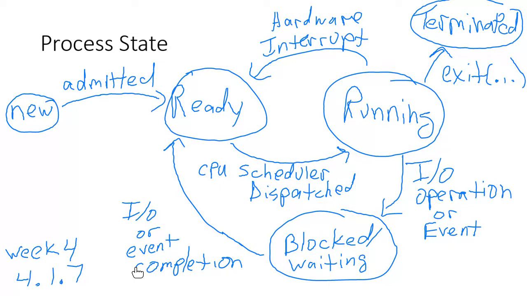So the process dealing with that I/O operation is in the blocked state, and at some point, when the operation completes, the device controller generates a hardware interrupt. Some other process will be in the running state, executing on the CPU.